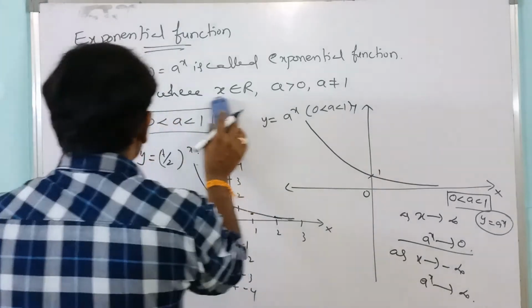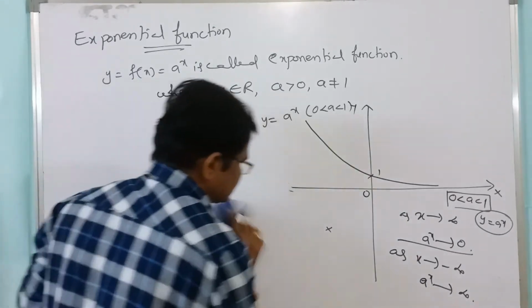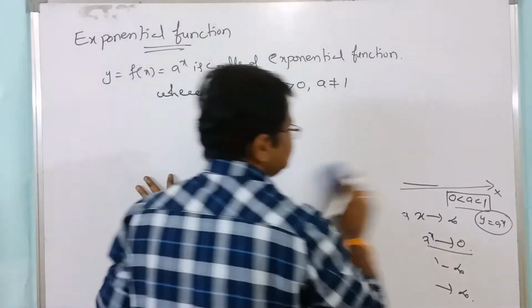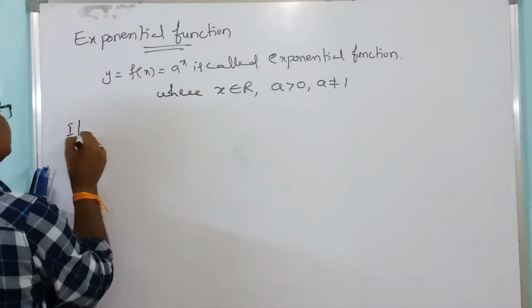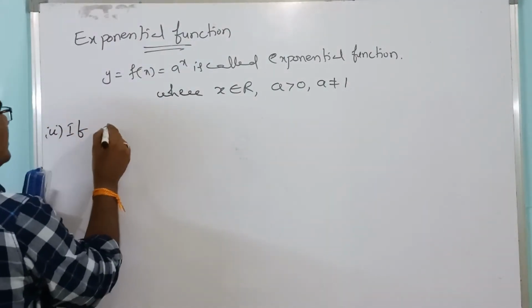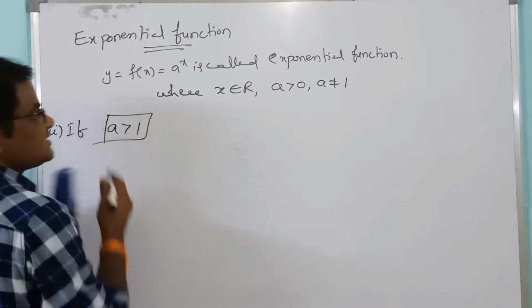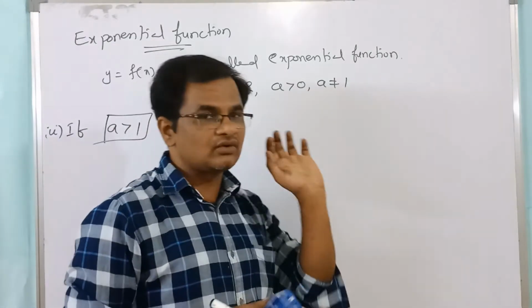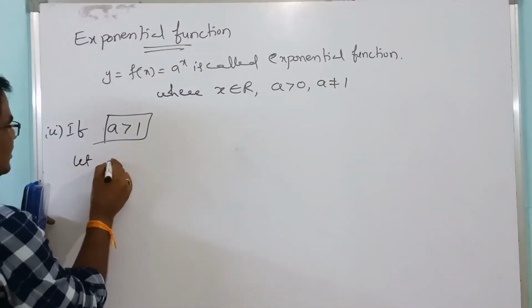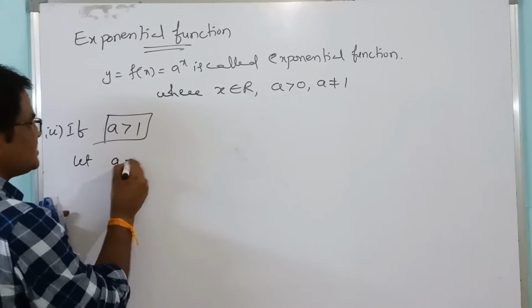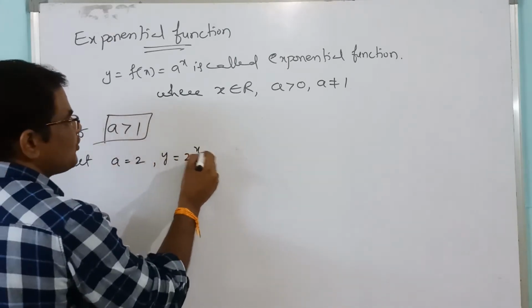Next, see the second case. That one is also important. Case 2: a is greater than 1, because here a greater than 0, a not equal to 1 is given. So for a greater than 1, I will take a equal to 2, which means our function is y equal to 2 power x.